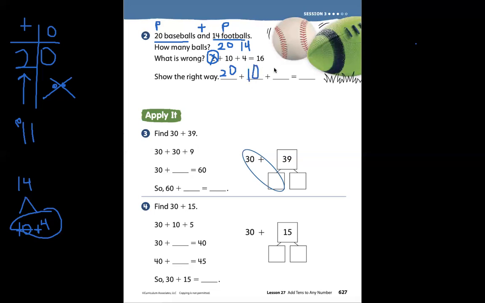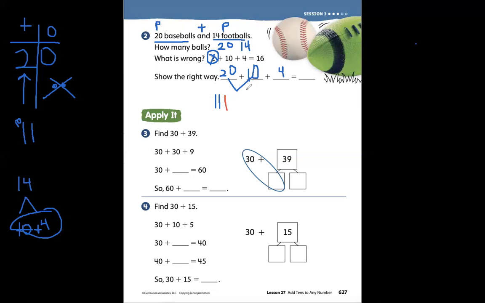10 plus 4. We know that 20 plus 10 can be added together to make 3 tens, right? Here's 1 ten, 2 tens from 20, and then another 10 from the number up here, 10 more.